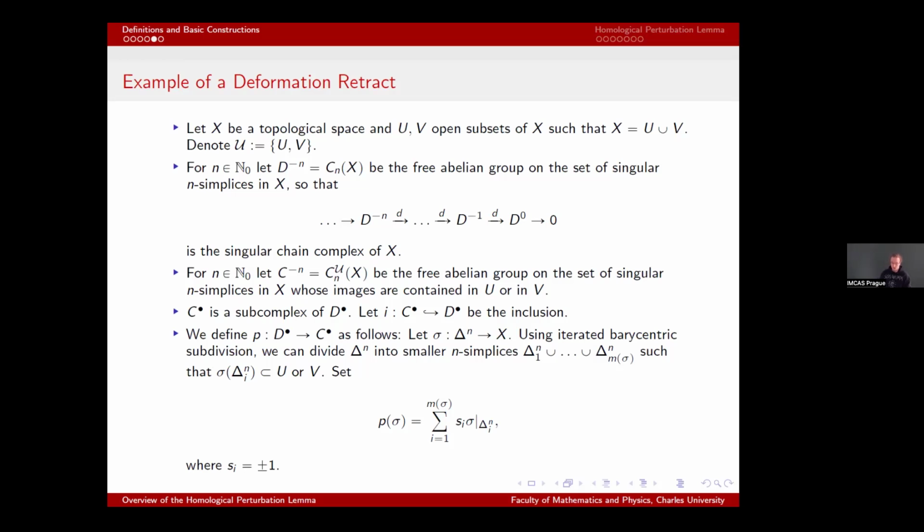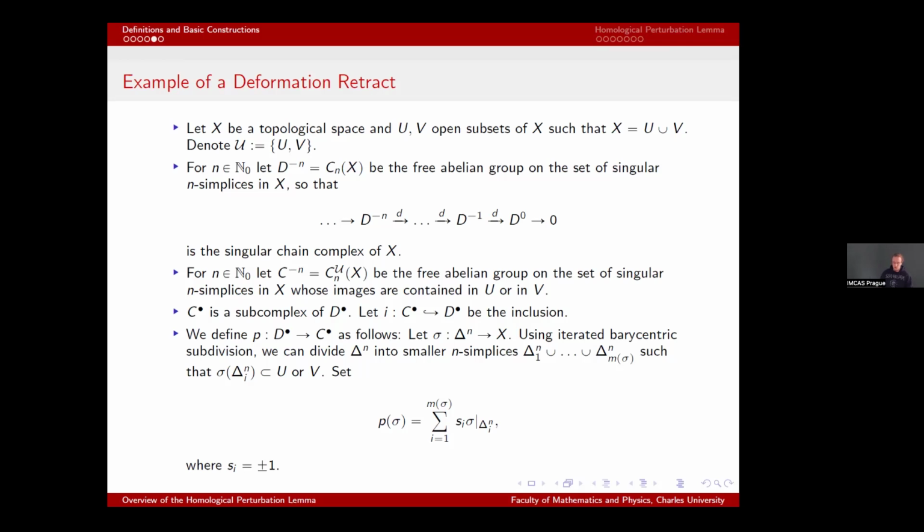So Dn is the free abelian group on the maps of this form, so continuous maps from the n-simplex into our topological space X. And the differential is just the boundary operator, which assigns to a map of this form the alternating sum of restrictions to its faces, which are (n-1)-simplices.